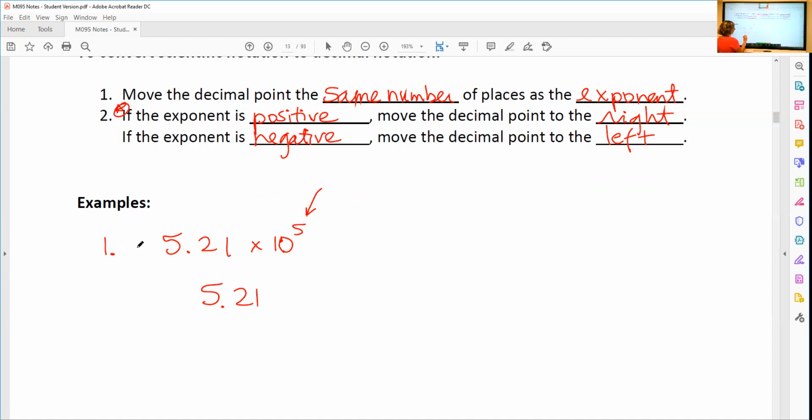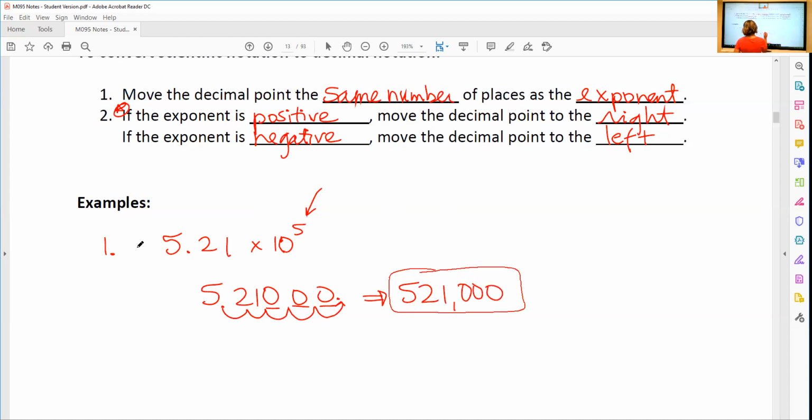So we're going to go 1, 2, 3, 4, 5. So the decimal point moves back here. We're going to fill in zeros in these spaces, and it's going to be 521,000. And that's going to be our answer.